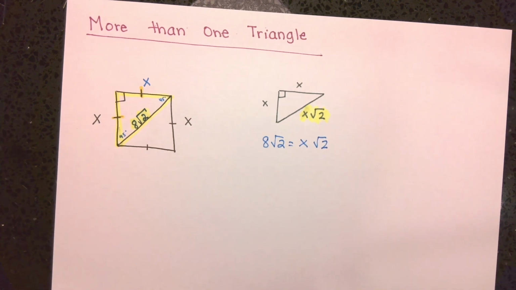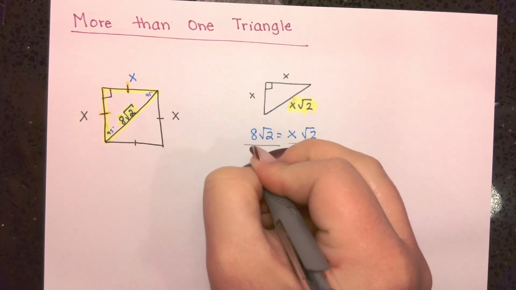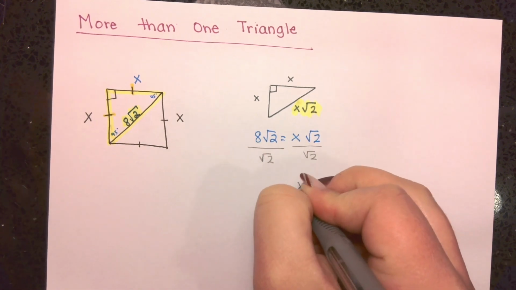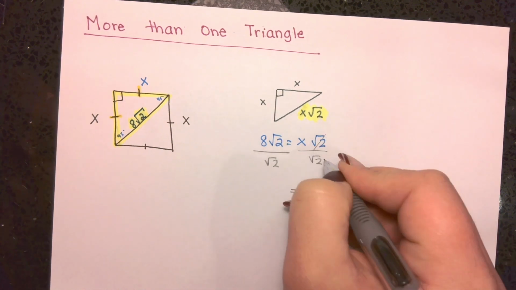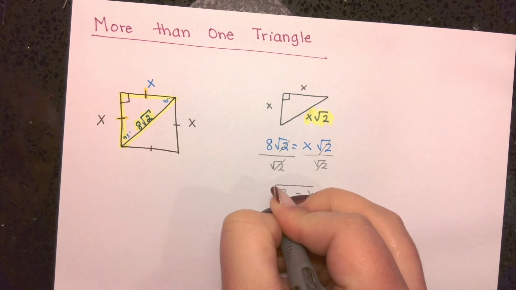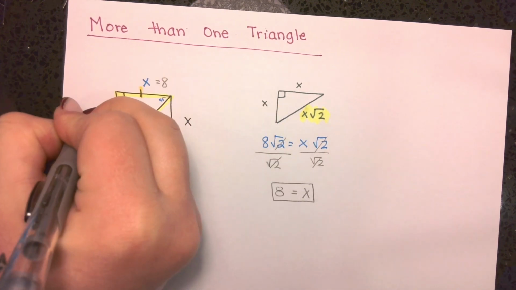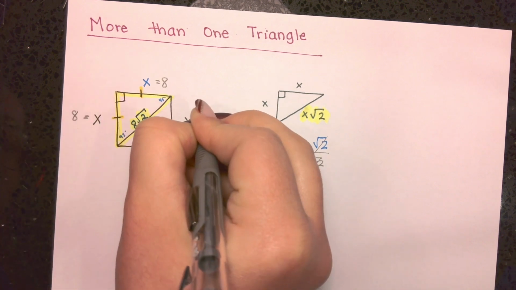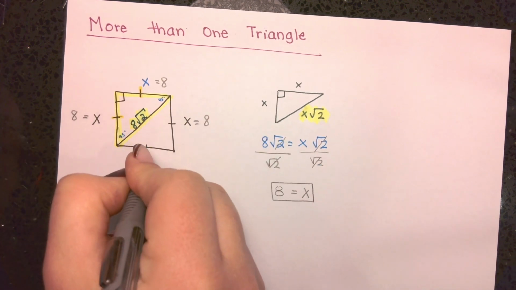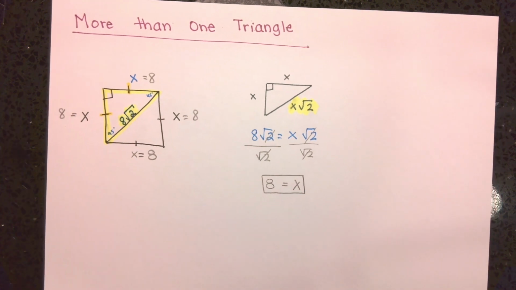Again, we already see that x is 8, but get into the habit of dividing by whatever is next to x. And that is 8. So we know that this is 8, we know that this is 8, we know that this is 8, and they are telling us that this is congruent, equal in measure, and that is 8 as well.